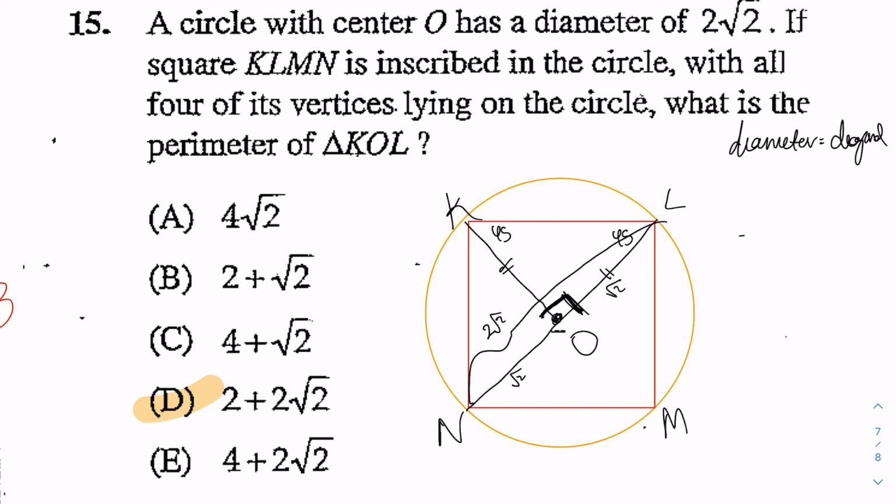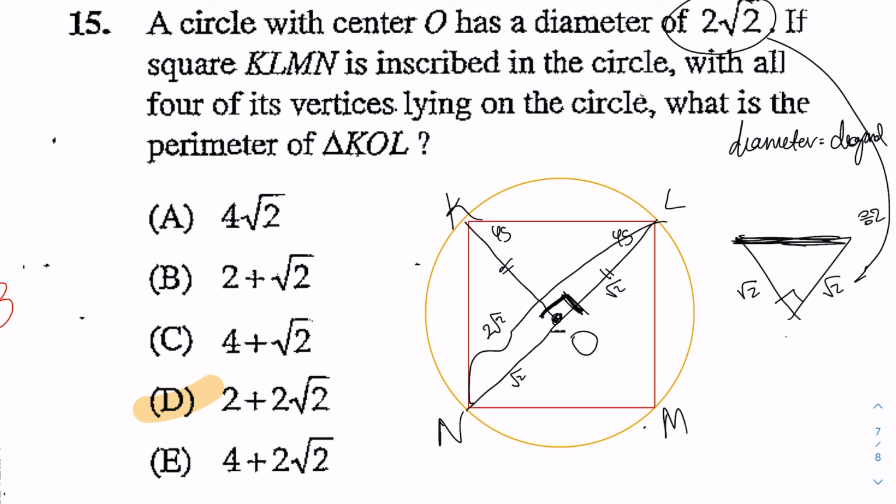So to get the perimeter of this, each side is equal to root 2. Remember, you get that root 2 by doing the diameter divided by 2. And then the hypotenuse is x root 2 for a 45, 45, 90 right triangle. You can also use Pythagorean, but for 45, 45, 90, that's a ratio.